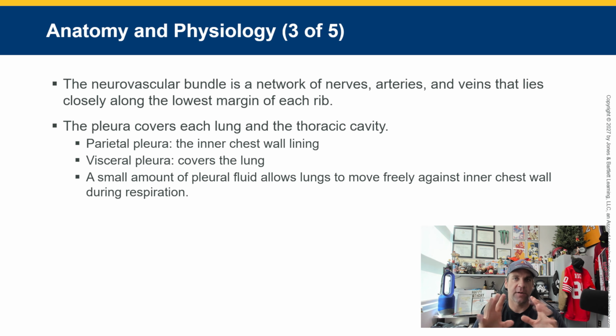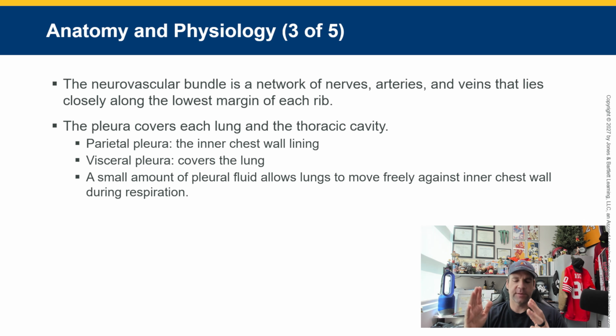But each lung is also enclosed by a two-layer membrane that we're going to call the pleura. The visceral pleura lies directly on the surface of the lung, while the parietal pleura lines the inner chest wall. Under normal conditions, these two surfaces sit almost against one another. They're only separated by a thin fluid called pleural fluid.